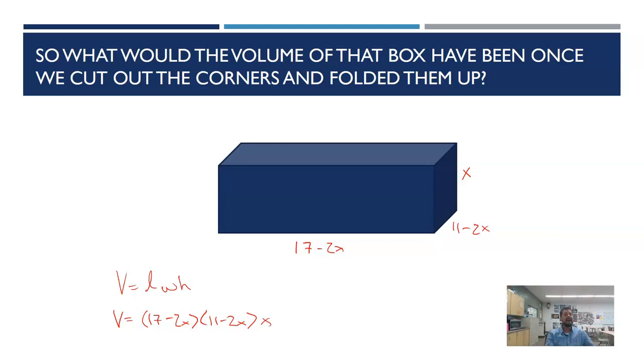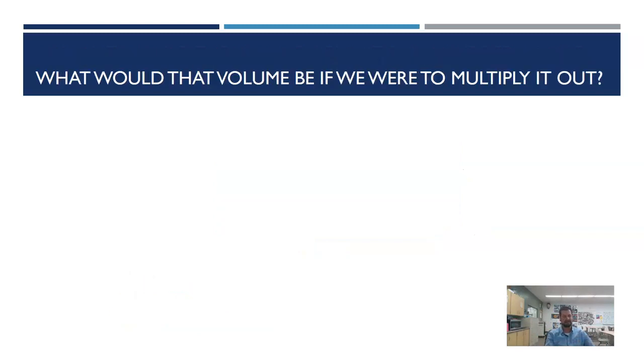So now we have ourselves a volume equation, okay? If we were to multiply that out, in the interest of time, I would FOIL that out, and then I would multiply the x in. When I do that, I would get 187x minus 56x squared plus 4x to the third. That would be my volume, okay?